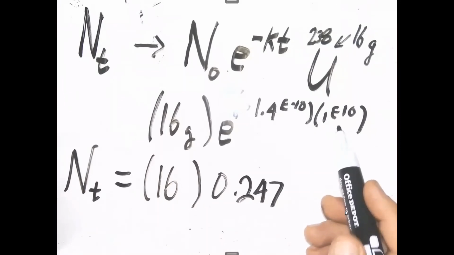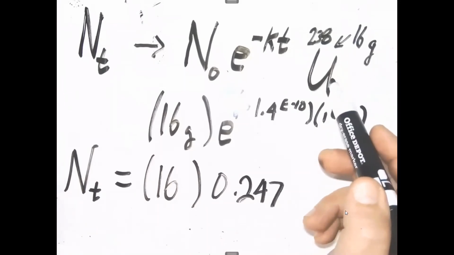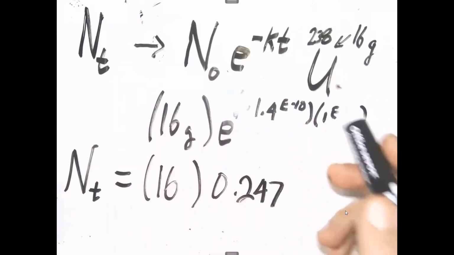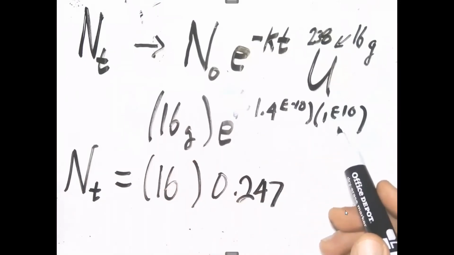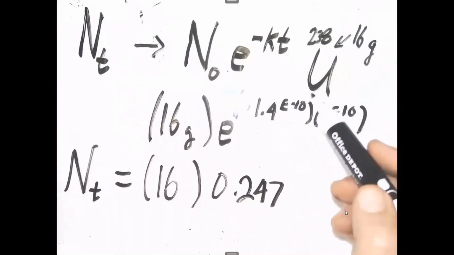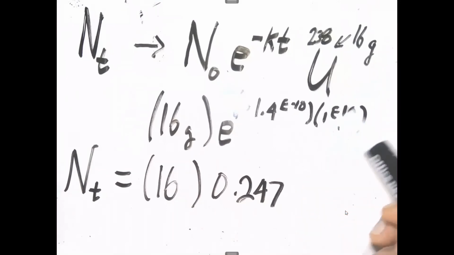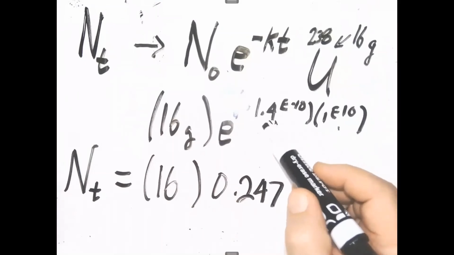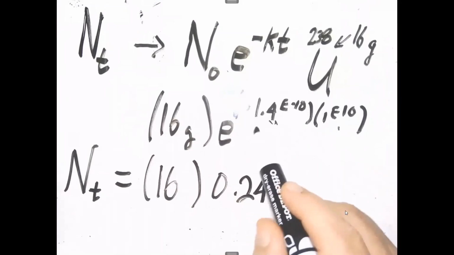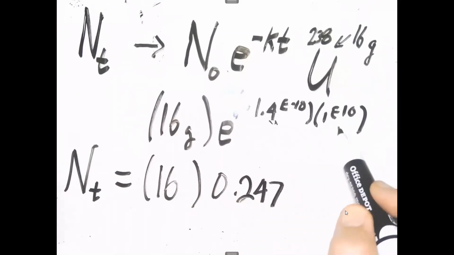Okay, so again, we started off with 16 grams of uranium. This is our equation. We're told that we're going to let it run for 10 billion years, 1 times 10 to the 10th. We have to take the half-life and use that to find a k, and we did that. So we plug negative k in here times the time, which is 10 billion years.